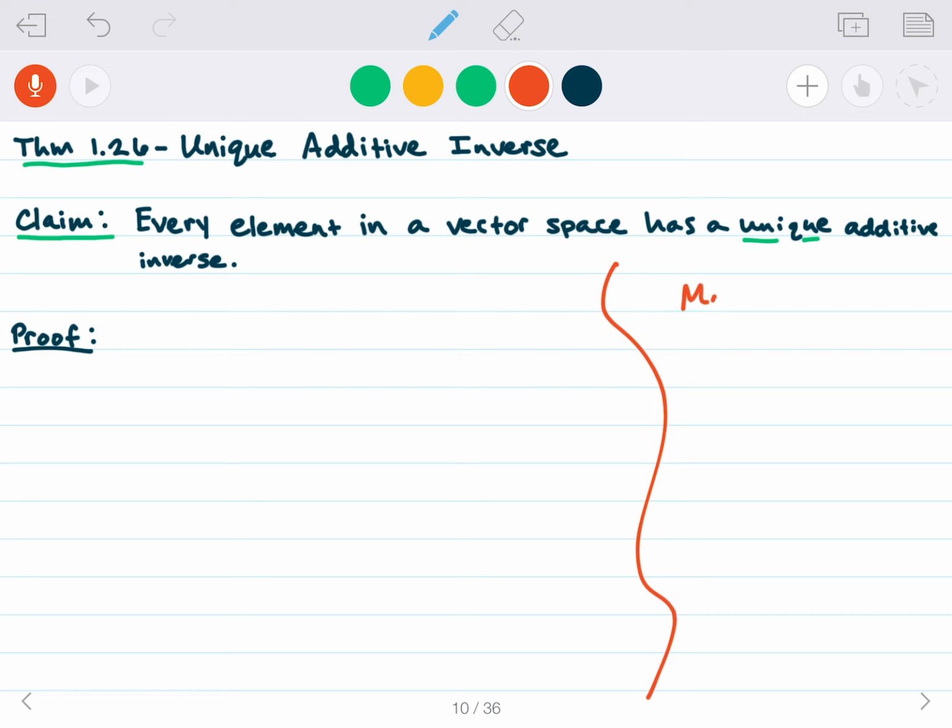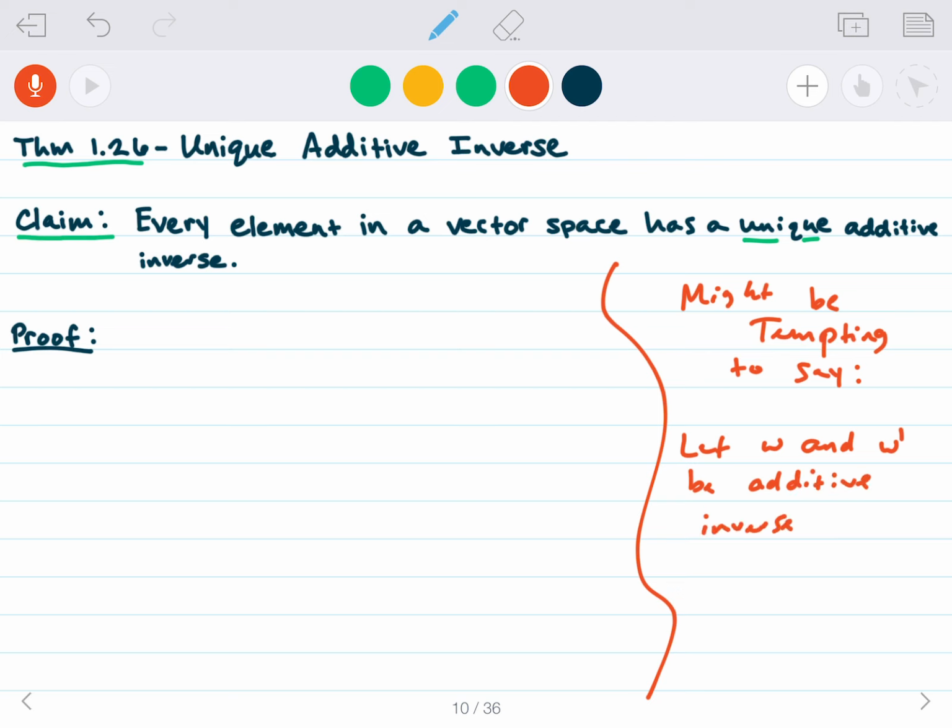So we can do the other thing. We can say let W and W prime be additive inverses for V. We want to show that they equal each other.